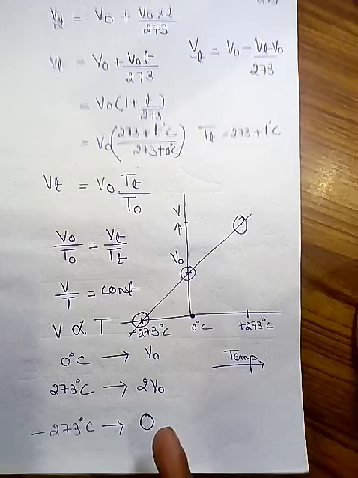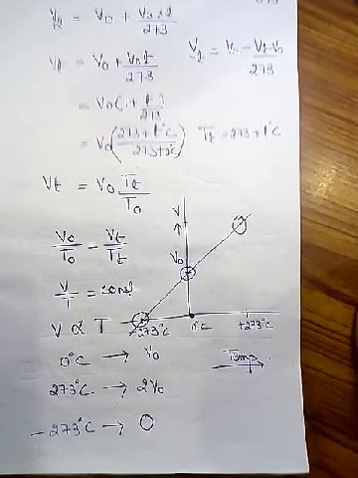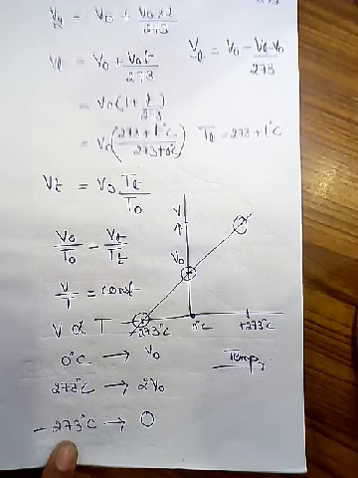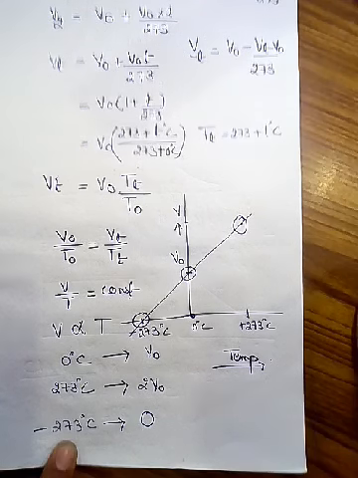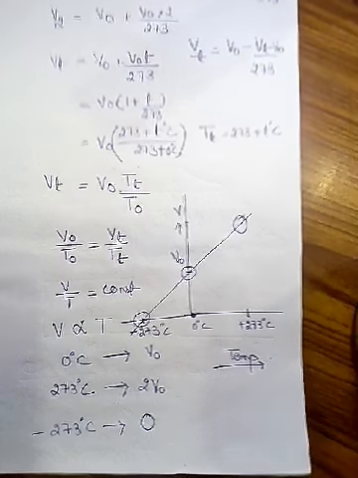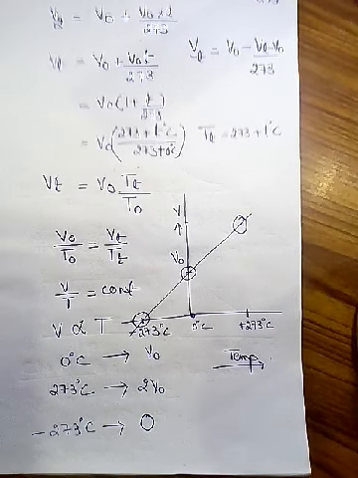So we can find that at minus 273 degrees Celsius, the volume becomes 0, and below this temperature the volume becomes negative, which is actually not possible. Such a temperature is not possible where the volume will be 0 or will come as negative.